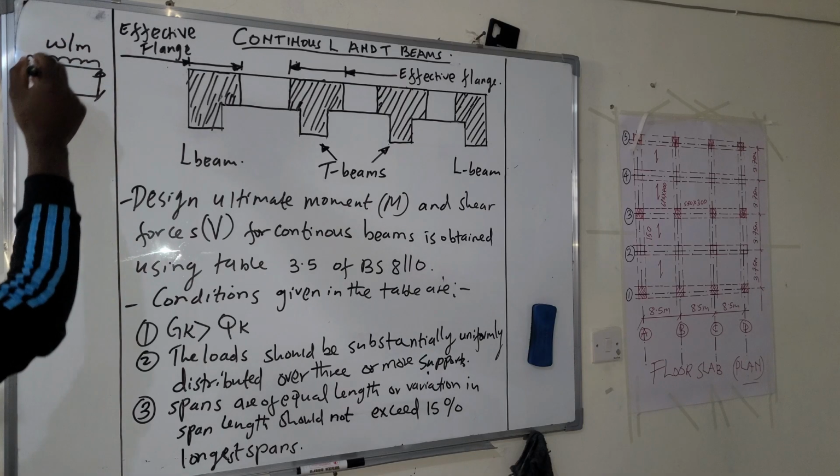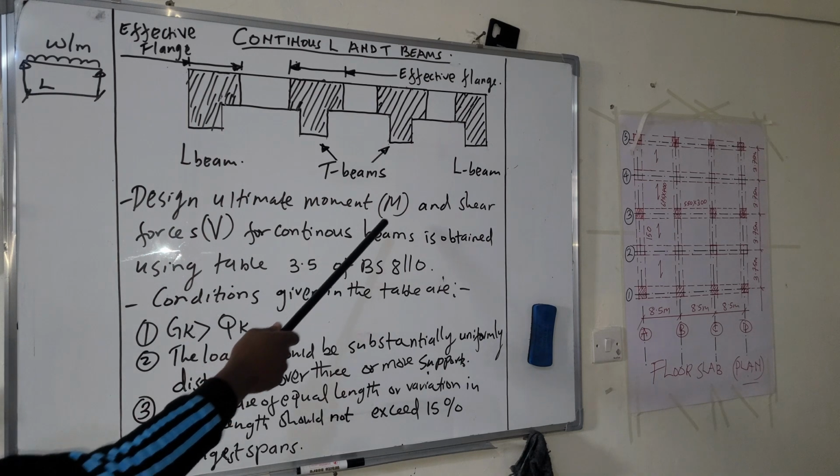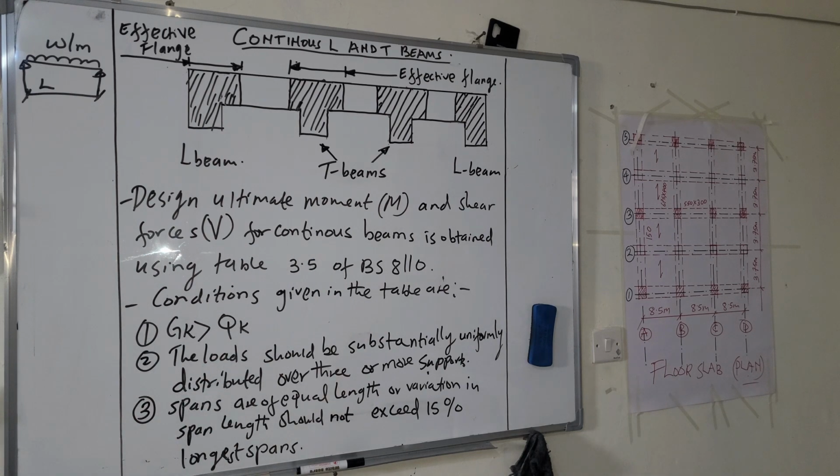W over M. So to calculate the design ultimate moment M for a simply supported beam, it is very simple. You can use the formulas derived from the three equations of equilibrium.